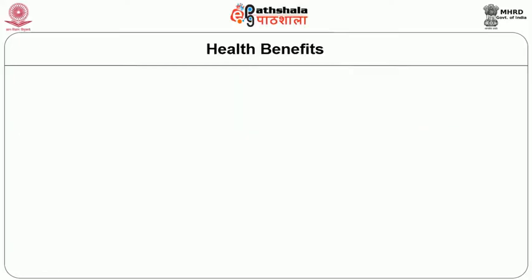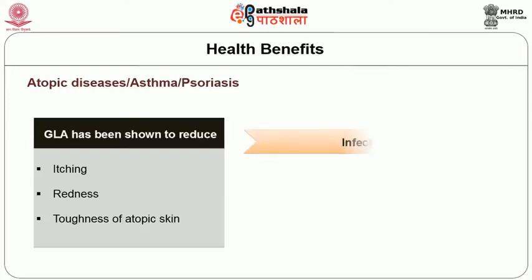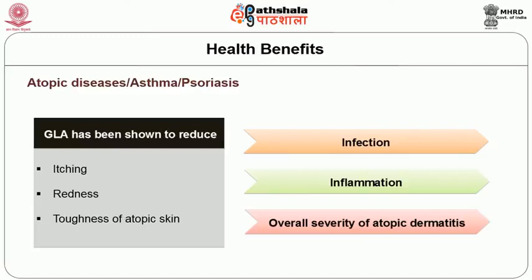We will also look into the health benefits of GLA in atopic diseases, asthma and psoriasis. Psoriasis is also a serious problem in society. GLA has been advocated. GLA has been shown to reduce itching, redness and toughness of atopic skin. Gamma-linolenic acid reduces infection and inflammation and the overall severity of atopic dermatitis.